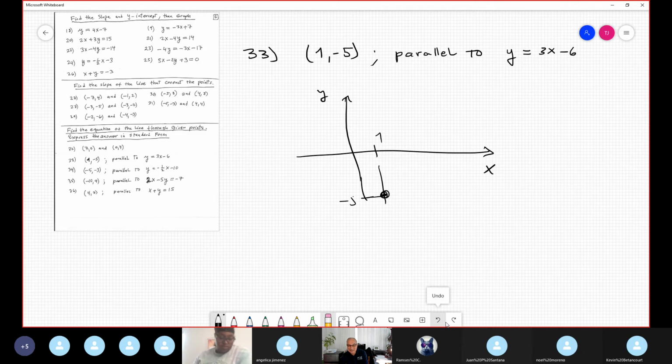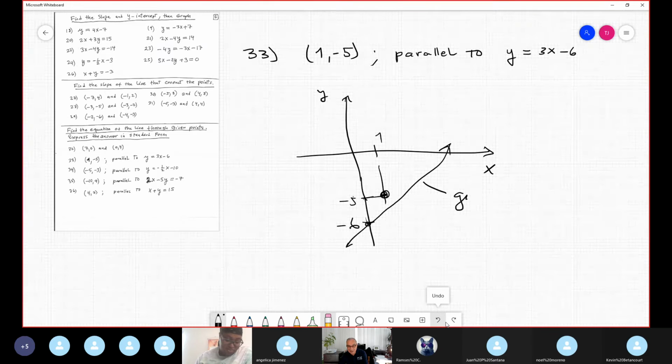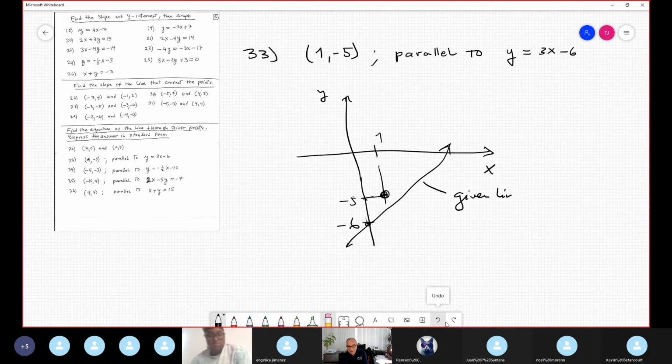This is -5, but this is -6. The y-intercept is -6. And the slope is 3, suppose 3 up and 1 over. But I suppose just like that. This is the given line. And this is the given point.